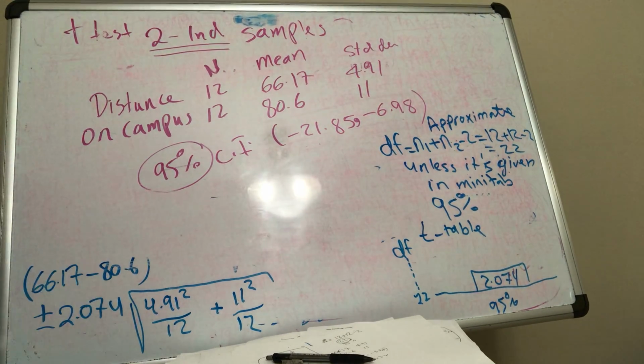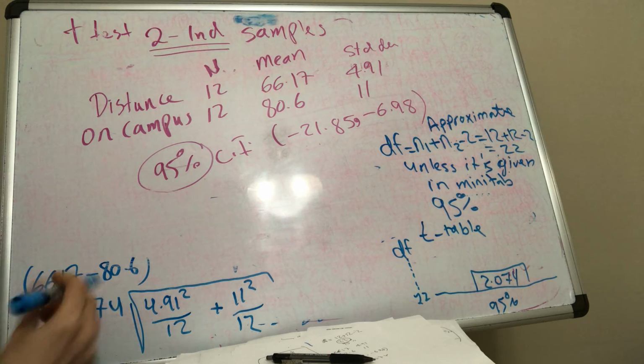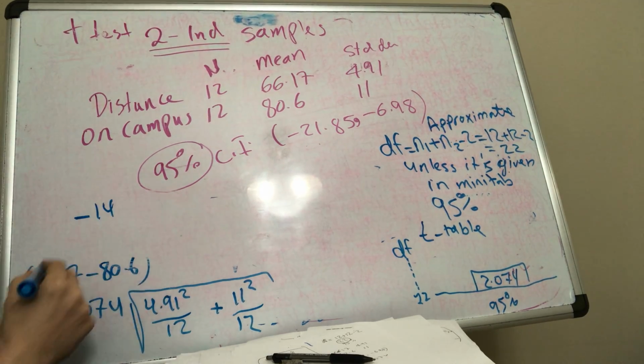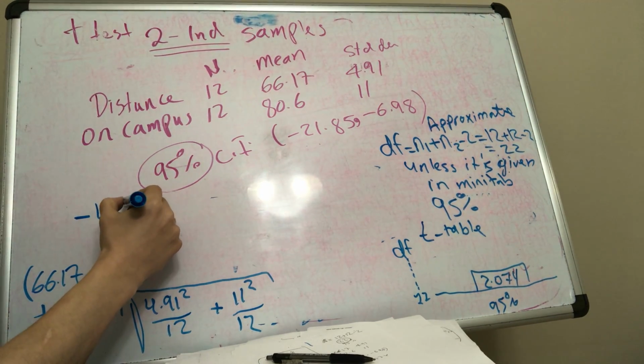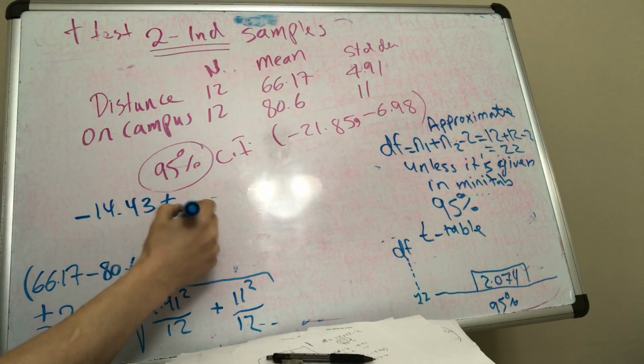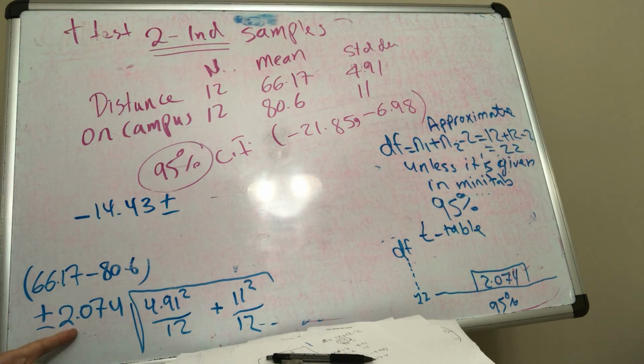Okay. So you do the first part. What is 66.17 minus 80.6? This will give you negative 14.43. And you do all of this, from the number 2.074 all the way to the end, times the square root of 4.91 squared over 12, plus 11 squared over 12.